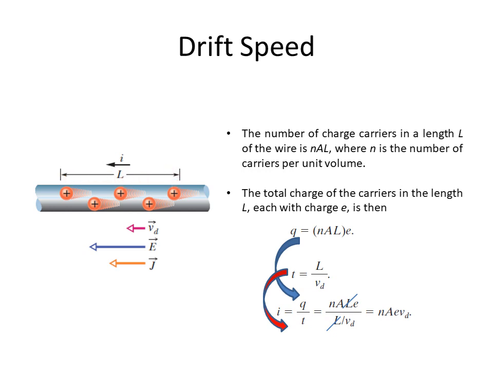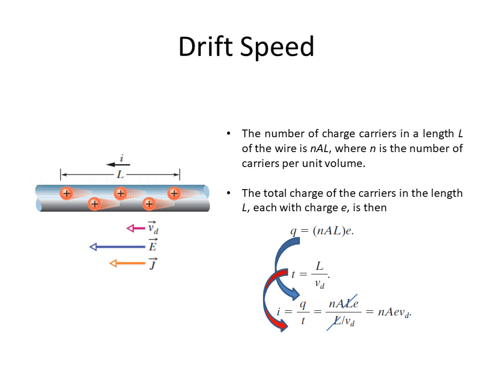Now the number of charge carriers in this length of the wire is nAL, where L is the length and A is the cross-sectional area. What is n? n is the number of charge carriers per unit volume.